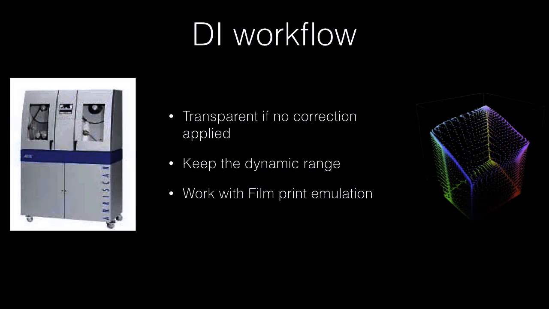So it keeps the whole dynamic range, but to see it the way it will look at the end, we need to use film print emulation that actually replicates the way the lab processes the color. So the reference in here is still the output. We monitor the signal with an emulation of the output of the lab, but we keep the dynamic range from the original negative.